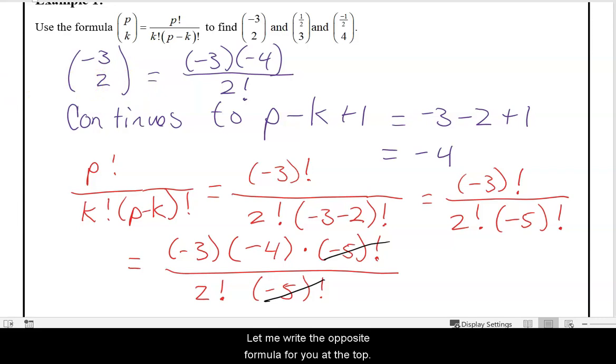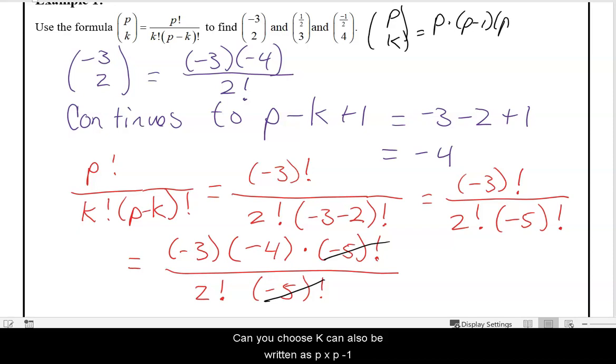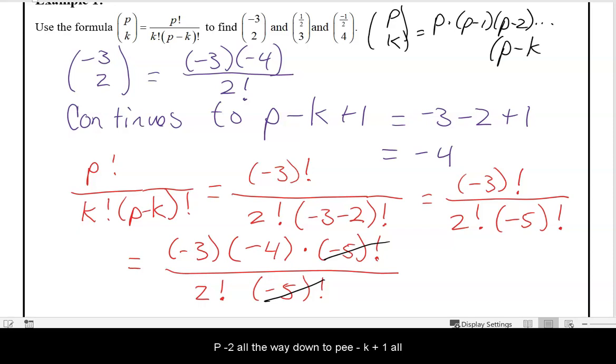Let me write the opposite formula for you at the top. This p choose k can also be written as p times p minus 1 times p minus 2 all the way down to p minus k plus 1, all divided by k factorial.